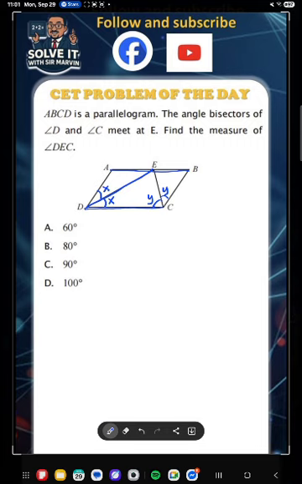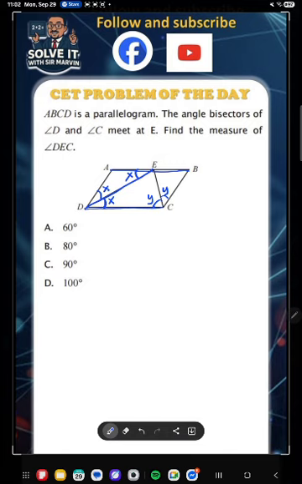And we know for a fact that if you have a transversal cutting parallel lines, alternate interior angles are congruent. So therefore, this angle is equal to this one, since they are alternate interior angles. So this is also X.